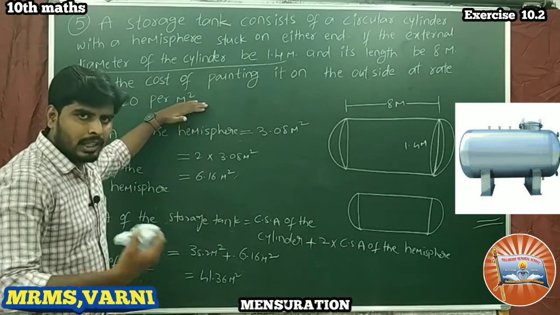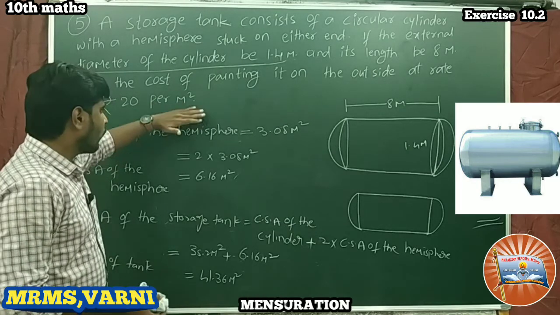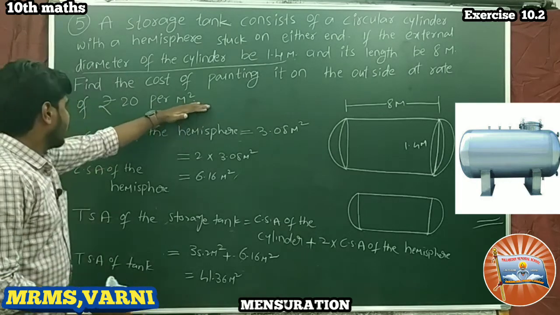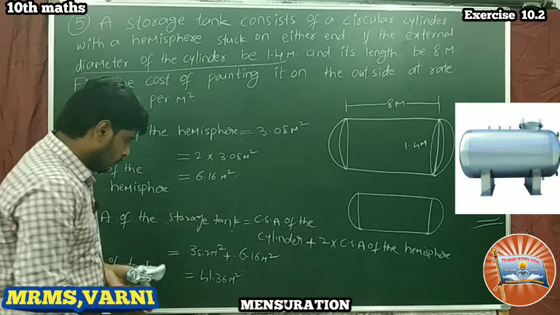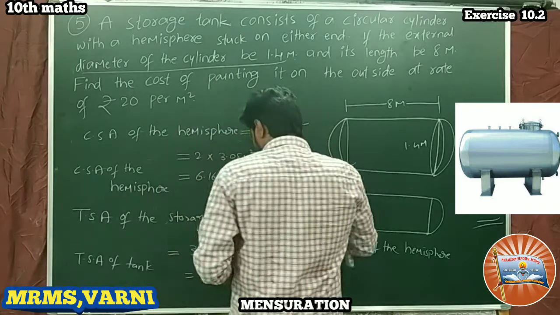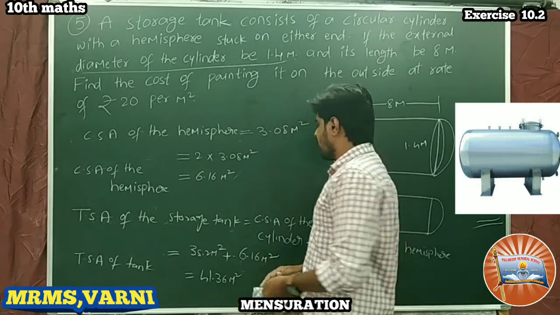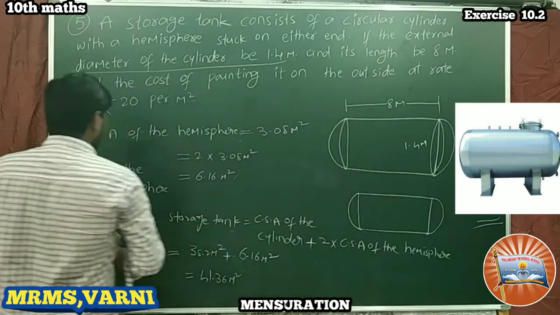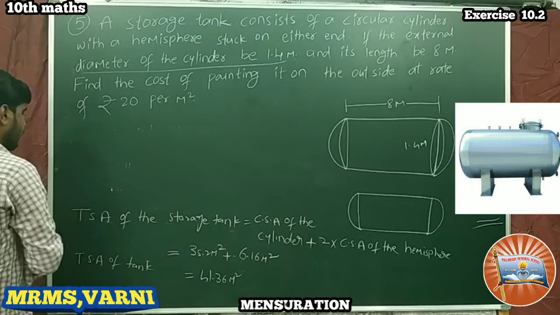So for 1 meter square area we need 20 rupees. To paint 1 meter square area we pay 20 rupees. So for 41.36 meter square area, how much does it cost? Right, we shall find that. Write down here clearly.